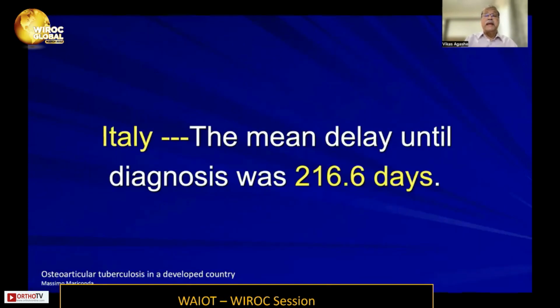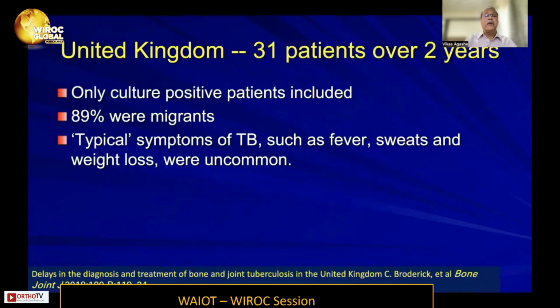A paper from Italy says that the mean delay until diagnosis was almost 200 days. A paper from United Kingdom analyzed 31 patients over 2 years. And in them, the typical symptoms of TB, such as fever, sweats, etc., were not common.